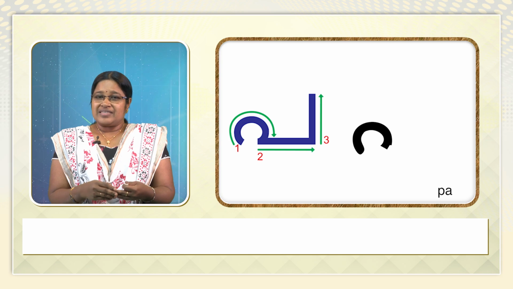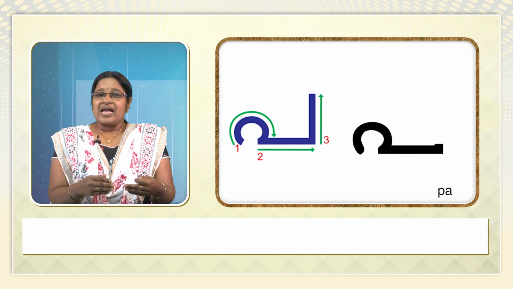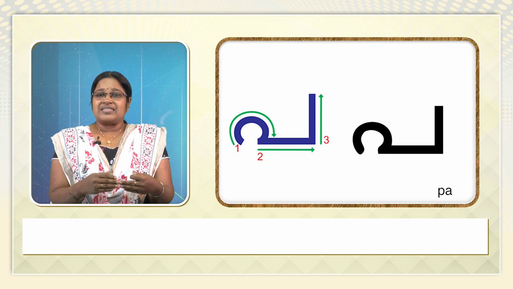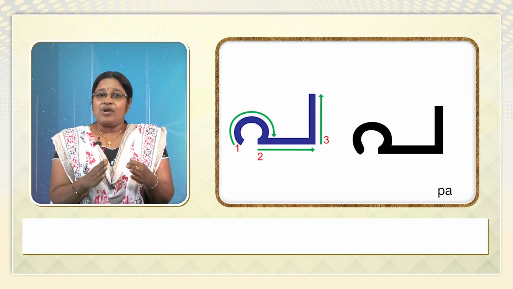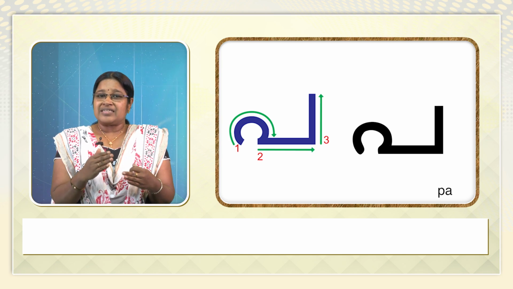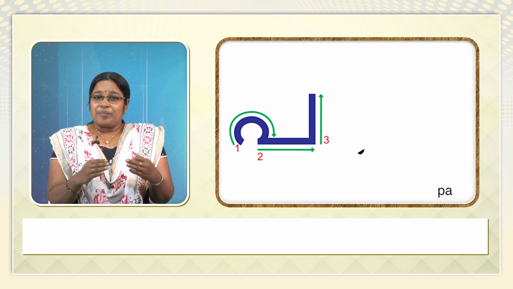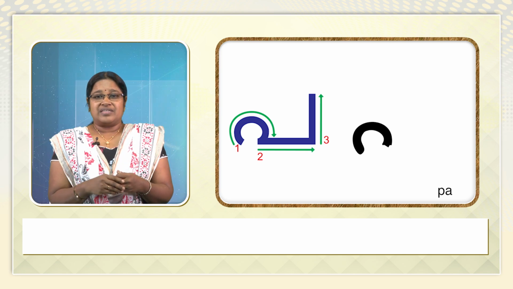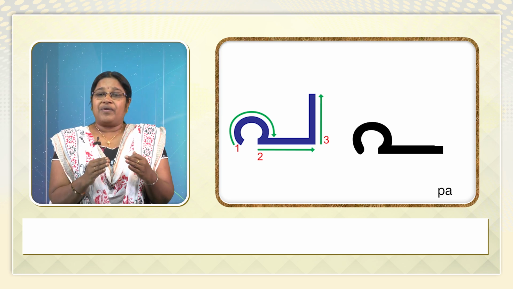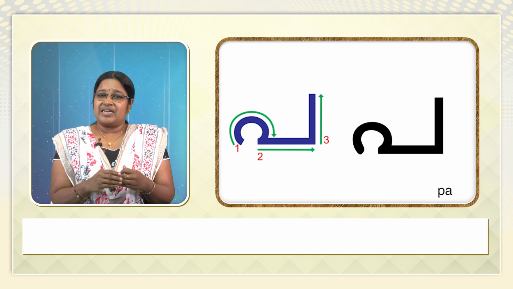While producing this sound, the air comes from the lungs is stopped by the lower lip against the upper. Pronounce 2-3 times. It is the 21st letter of the consonant set. Pronounce the sound of the letter and practice. Let's go to the next one.